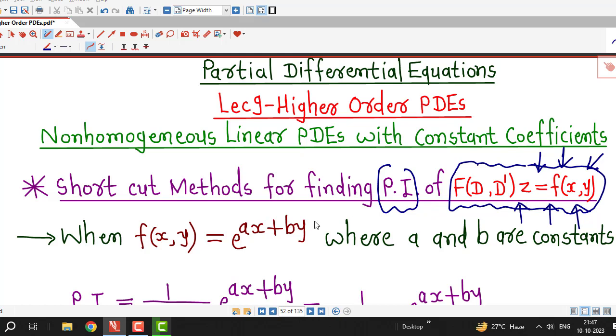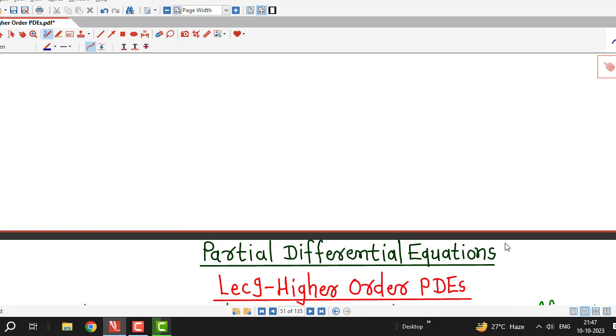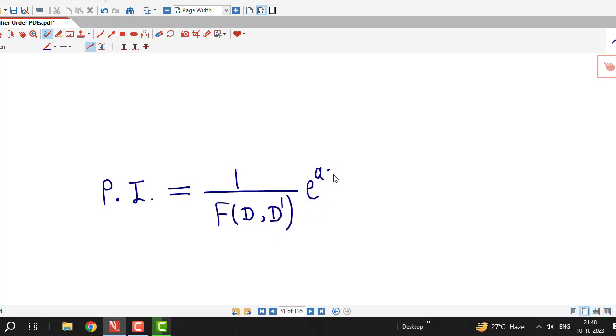In this lecture we are going to discuss the method for solving this type of equation when the right hand side is an exponential function of the form e to the power (ax plus by), where a and b are constants. The method is simple, as I discussed in the previous lecture: the particular integral is 1 divided by F(D, D'), and here f(x,y) is e raised to ax plus by.